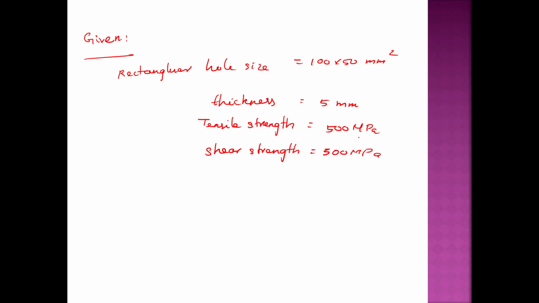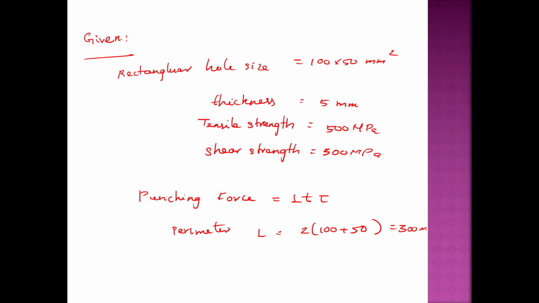So we know that punching force is equal to L t into tau. Here the perimeter L equals 2 into (100 plus 50), which is equal to 300 mm.